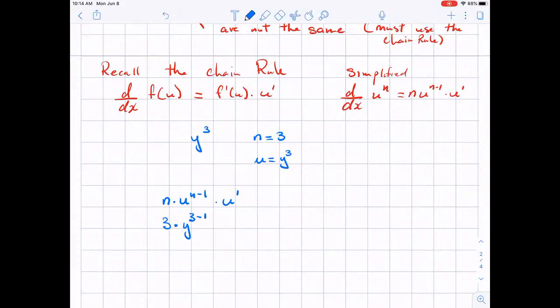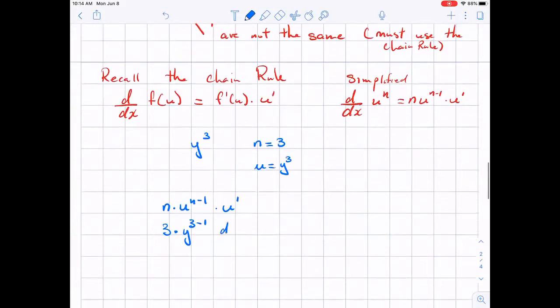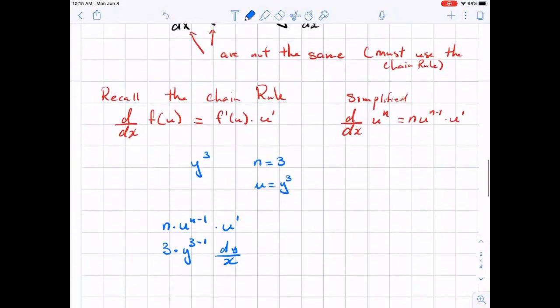Well, the derivative of u is just dy dx, because I'm taking it with respect to x. If it was du, then it would have been du dx. So that's how we get the whole answer, dy dx.